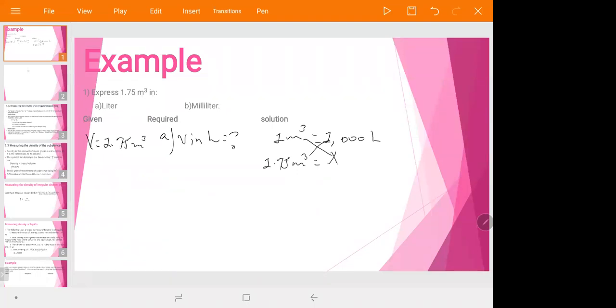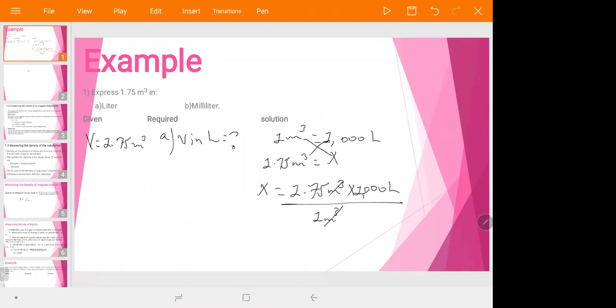So when we multiply crisscross, we get from this expression 1.75 meter cube times 1,000 liter over the prefix of x, which is 1 meter cube. Therefore, when we divide both sides by meter cube, we will get x, then 1 divided by 1 meter cube. Meter cube is cancelled by meter cube. Have you seen? I think it is clear and visible.